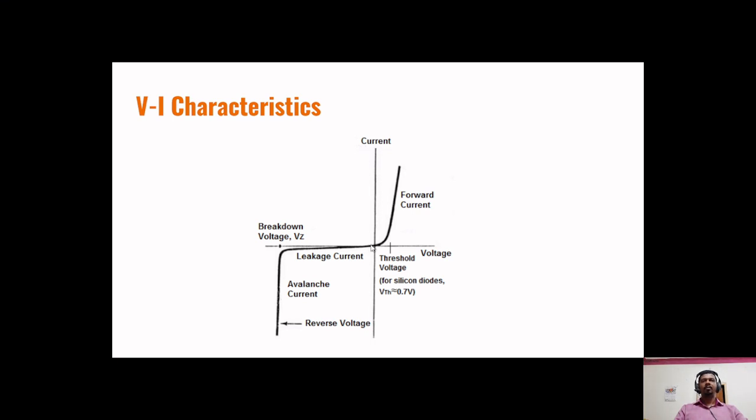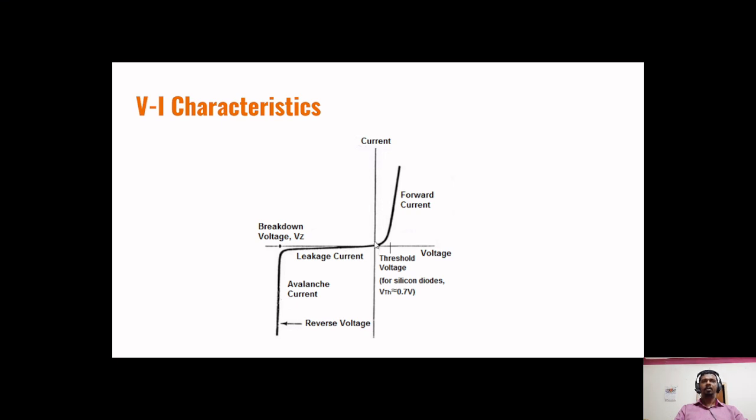Now here, based upon the biasing condition, you can see two natures. In the first quadrant of this graph, you find the forward current for the forward biased condition, and in the third quadrant you find the reverse characteristics. So let us understand the forward bias condition.